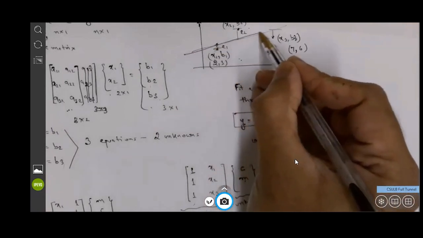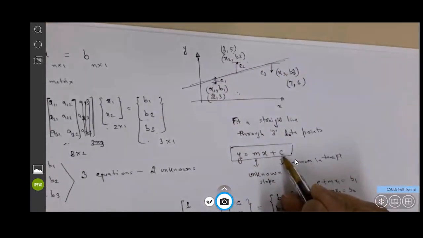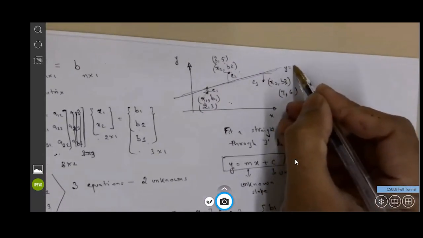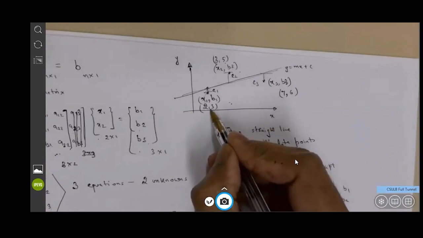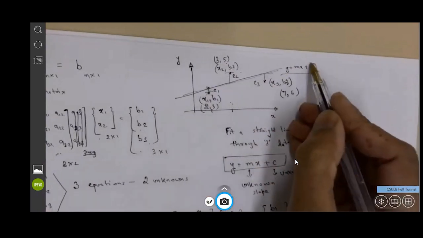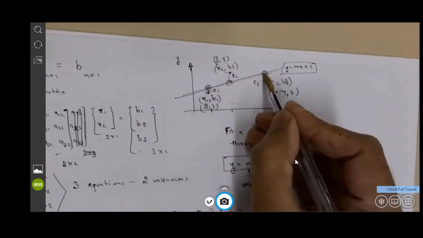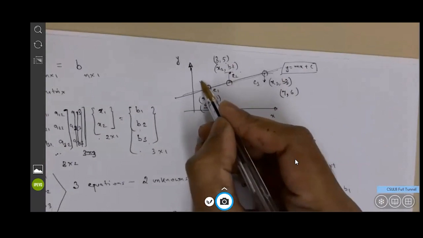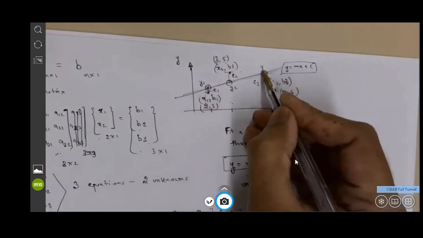No, hold on. So this is basically a line that is given by this equation, y equals mx plus c. Now, if you know the slope and you know the intercept, then for each value of x, you get a corresponding value of y using this equation, which is the point on this line. So the point on this line is y1, y2, y3.